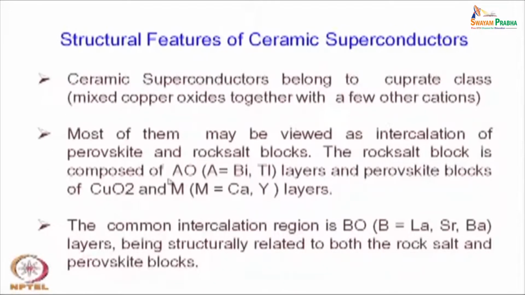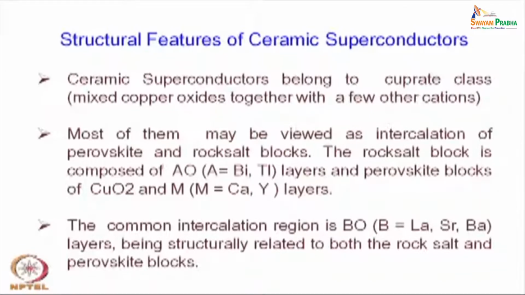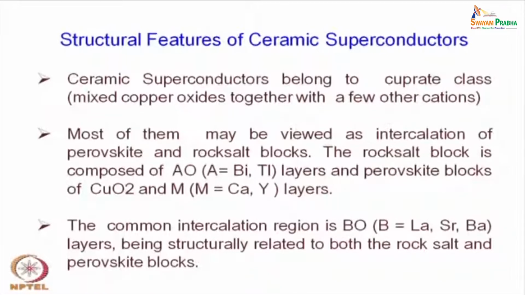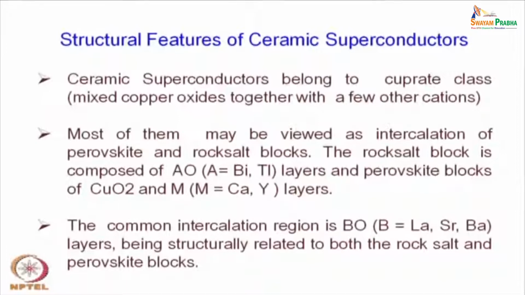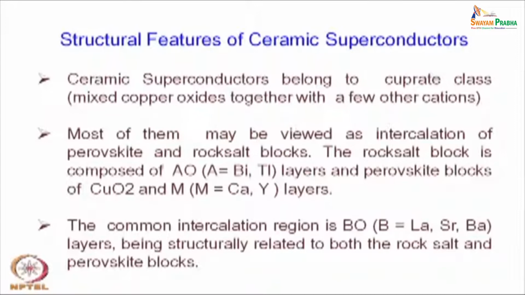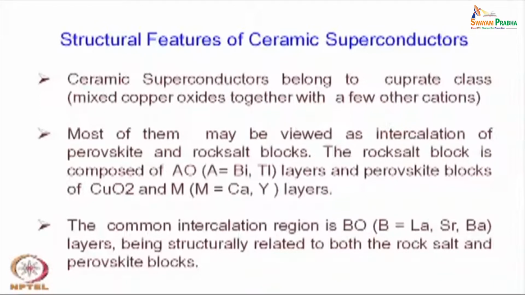Well, if you look at the structural features of these oxides, ceramic superconductors or high Tc superconductors belong to the cuprate class of superconductors, with a basic copper oxygen block or cuprate block, and they have a mixed copper oxide together with a few other cations. So, there is a substitution or addition of different other cations in addition to copper oxide.